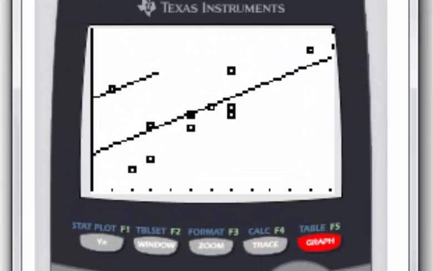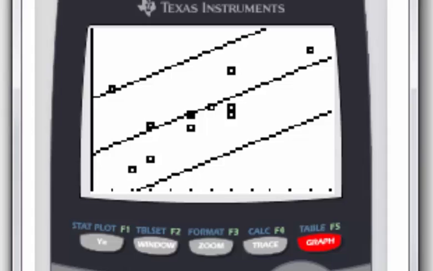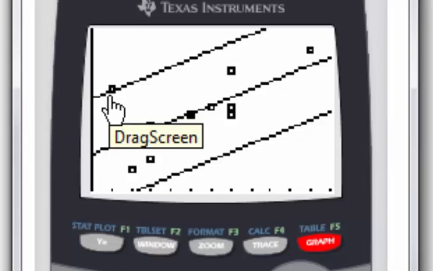And now when I hit graph, what you notice is it gives these other 2 lines. These 2 lines are looking for outliers. We're basically saying acceptable values are inside these 2 lines. And I want you to notice this point right here. It looks like it is outside of those 2 lines. In fact, just barely, it is above those 2 lines.